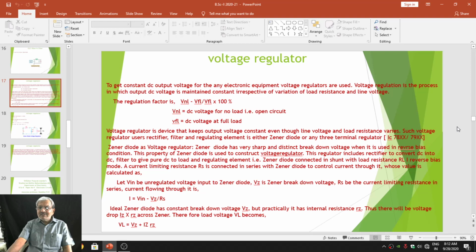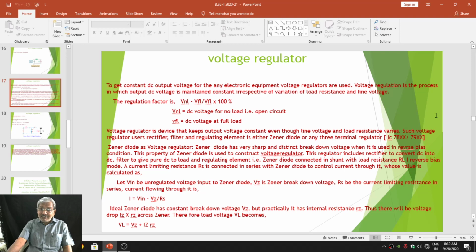Voltage regulators are again electronic circuitry used to regulate the voltage to the load, or to provide the regulated output voltage to the load.